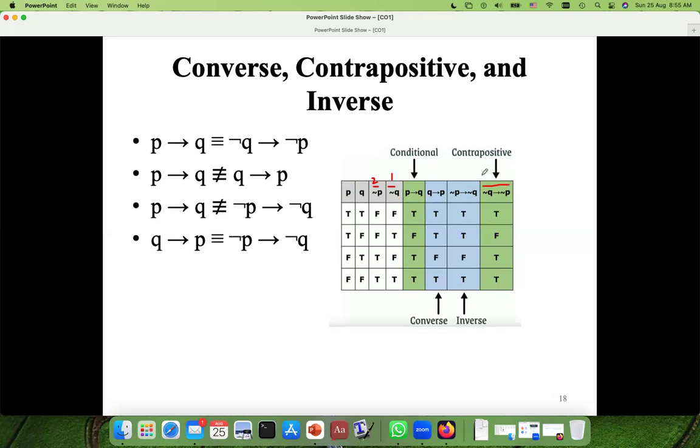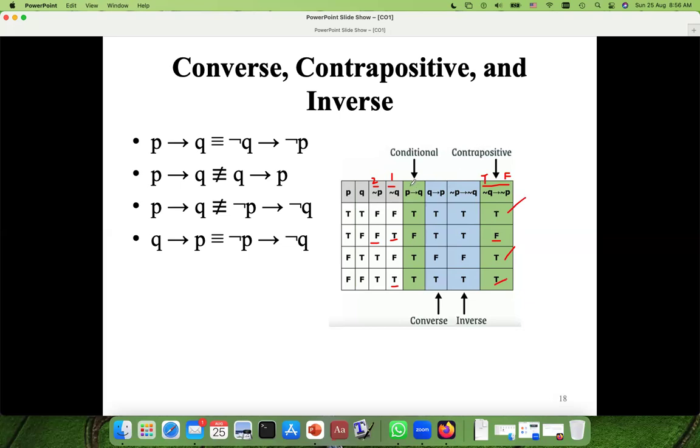When the first one is true and the second one is false, then this column will have a false value. So look here, first true, second false, so that's why it is false. And then look over there, first one is true, second one is true, not false, so that's why it is true. So all others are true except that one.